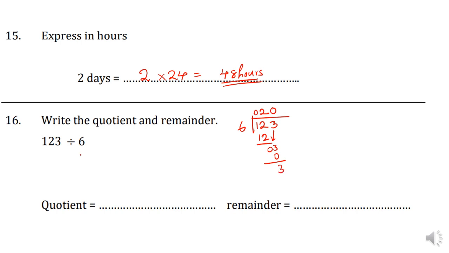Therefore, you can write the quotient is equal to 20, remainder is 3. So you can write quotient 20, remainder 3. So this is the answer, right? You have been given space for that, and you can write on the corresponding spaces.